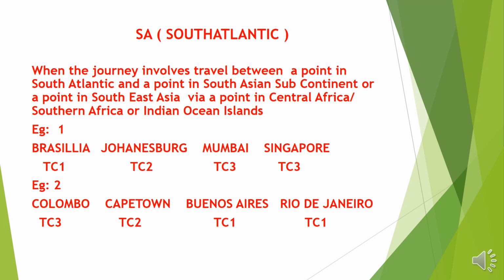Now example number 1: Brasilia is the origin and the final destination is Singapore. So here we know the origin is Brasilia, which is in Brazil, and the final destination is Singapore. Brasilia is in South Atlantic, in Brazil, and Singapore is in Southeast Asia, and the passenger is traveling from TC1 to TC2, which is Johannesburg, and crosses the Atlantic, 1 to 2, and the passenger is crossing via Southern Africa.